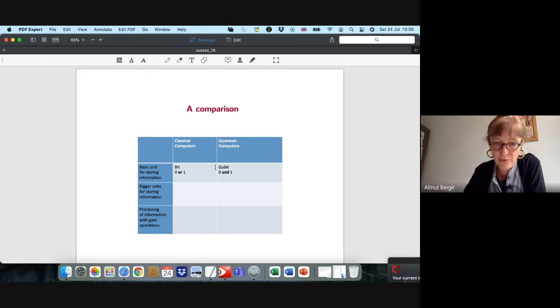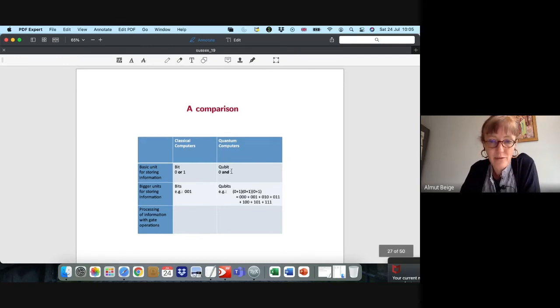Ground states of atoms are degenerate, so you could have one ground state where your spin is up, or another ground state which corresponds to spin being down. And then you would encode information in there, and that means you can store a lot more information simultaneously.